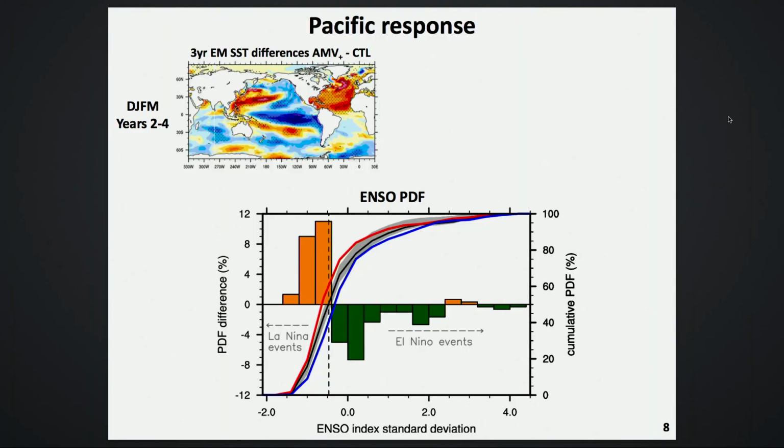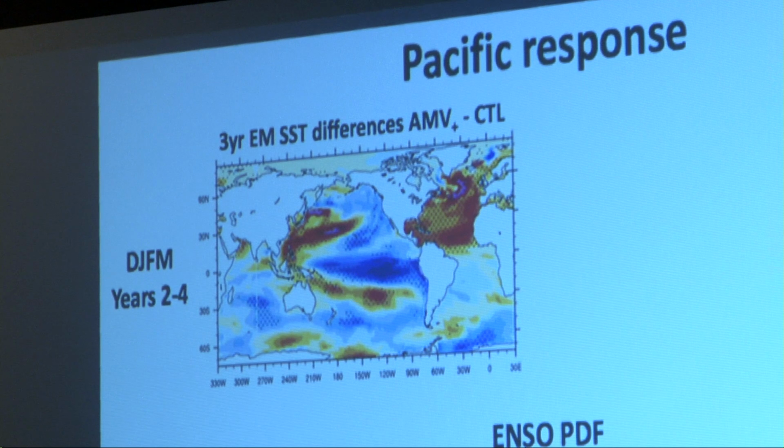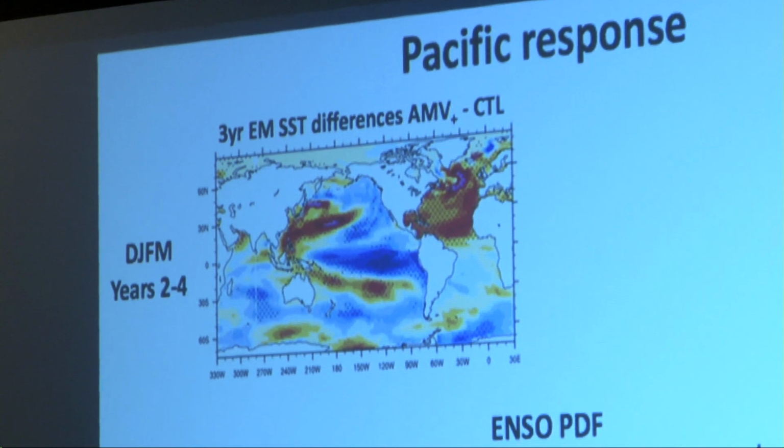So now I have shown how this anomaly happens, but I'm going to show you that this tropical response is not stationary. To show that, I'm going to focus on the probability density of ENSO in the experiment. This is represented by this graphic here.